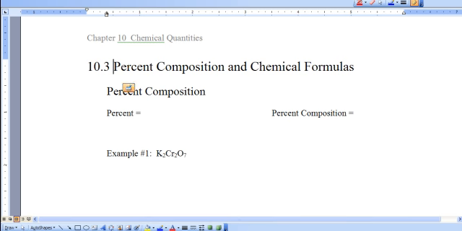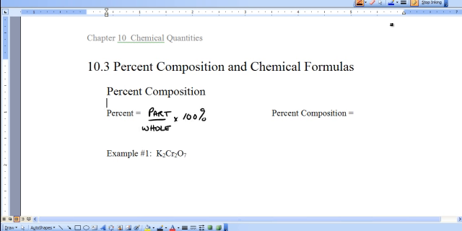Now, a percent composition, let me go ahead and get my pen ready here. There we go. A percentage is going to be the same regardless of the application. It is always part divided by the whole times 100%.